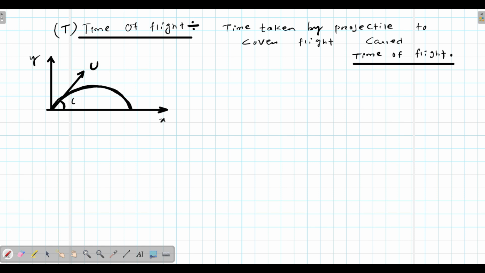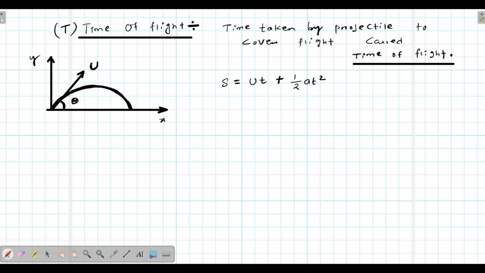S equals ut plus half at square. So we have to find the time of flight.